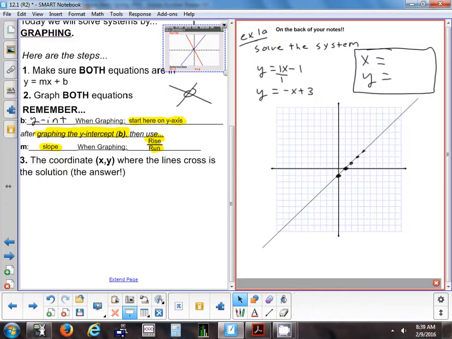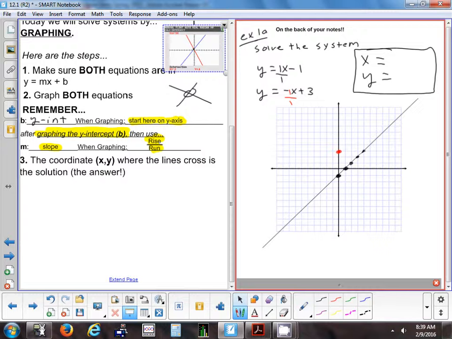And now my other line, choose a different color. I'm going to start by going up 3. And what's my slope this time? Ryan, what's my slope here? What number is in front of x? -1, good.